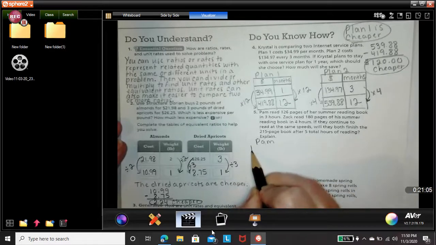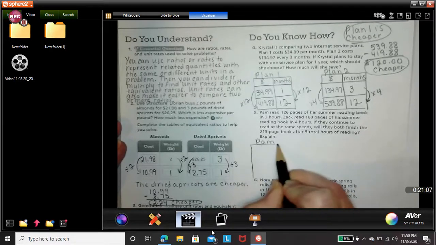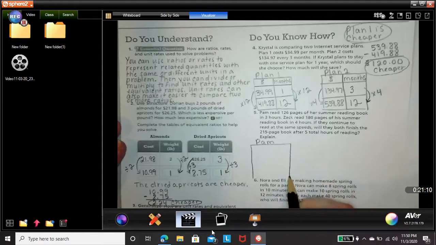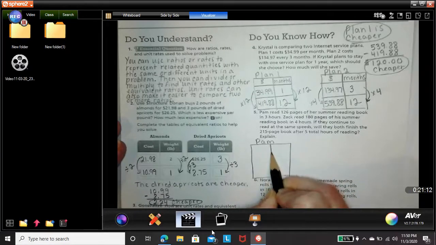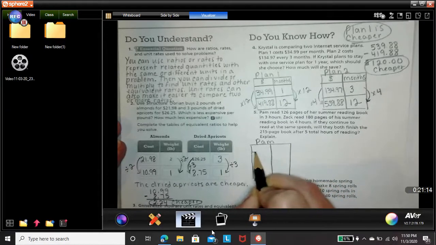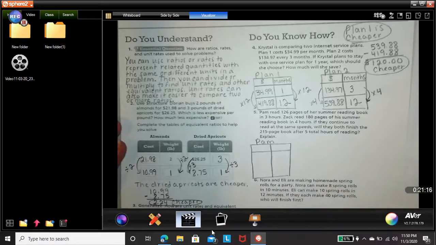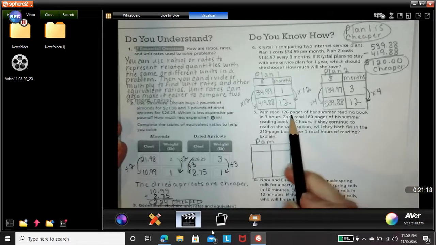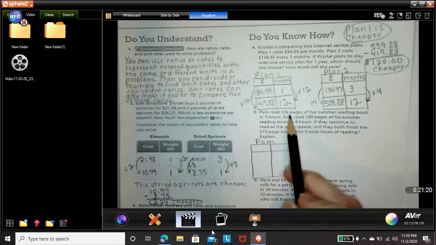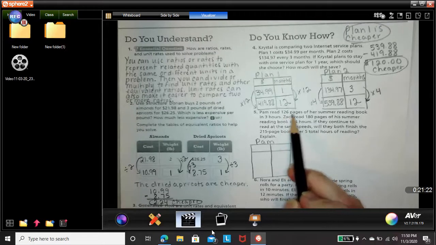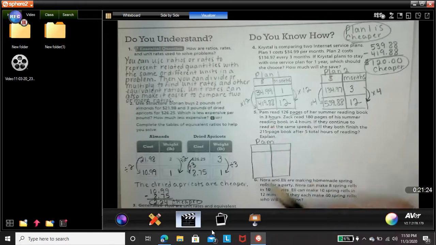We're going to go ahead and draw a table so we can place the units of measure at the top and then solve. Now our units of measure, usually it's the word right after the numbers. So we have pages and we have hours.